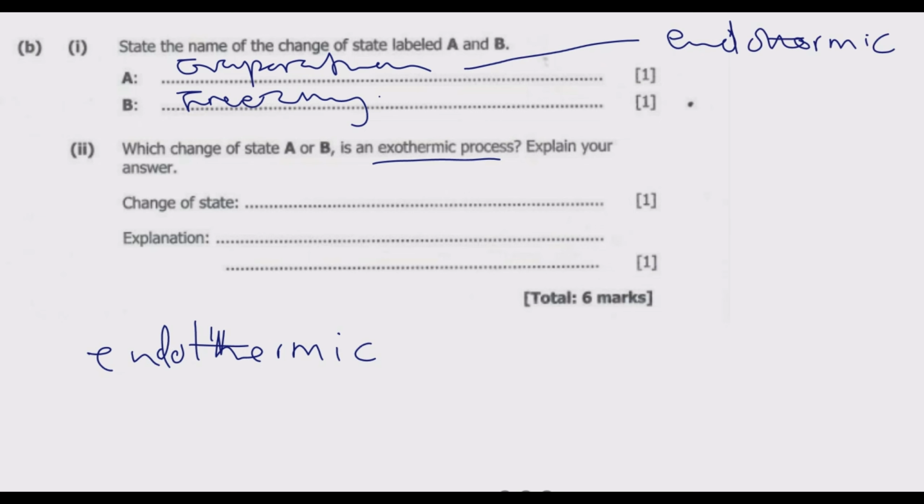So for freezing to take place, basically the heat energy need to be given out such that the energy in the final product, which is the solid, will be lower than the heat energy which was there at the beginning of the reaction. So this one basically is exothermic. So in this case, B is the correct answer.